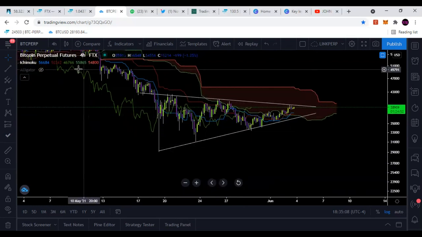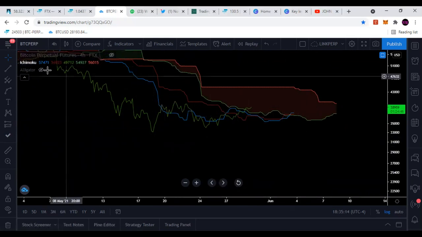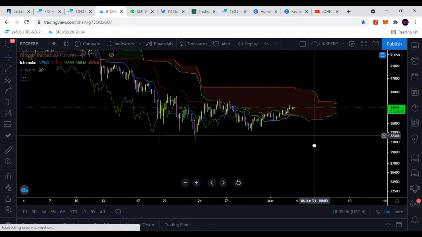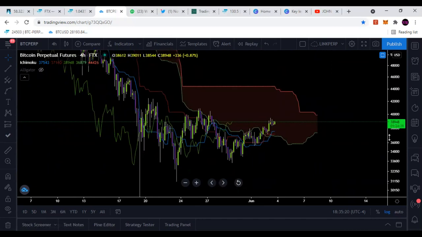One of the rules about this doubled cloud setting, what you're seeing here, we call an edge-to-edge trade. When I say an edge-to-edge trade, you can see price was below this green EMA.